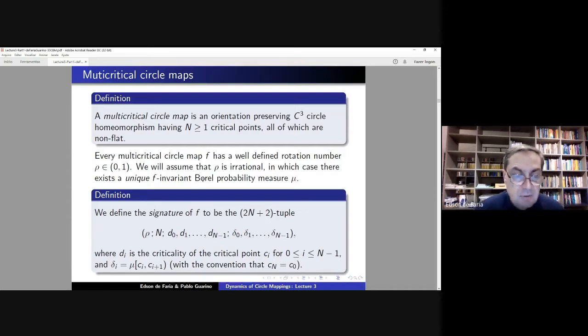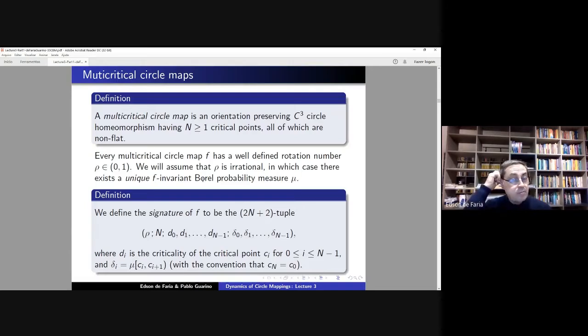If you think of the critical points as deployed in the circle in the natural cyclic order of the circle, say counterclockwise, then you can look at the invariant measure mu and see what is the value of the measure at each one of these arcs that are determined by the critical points.